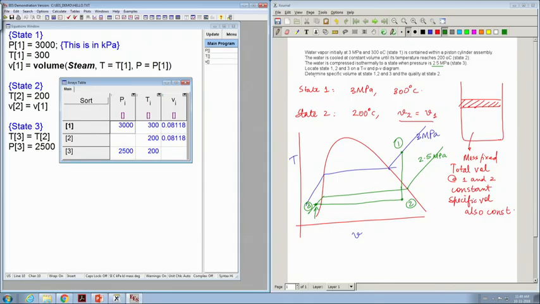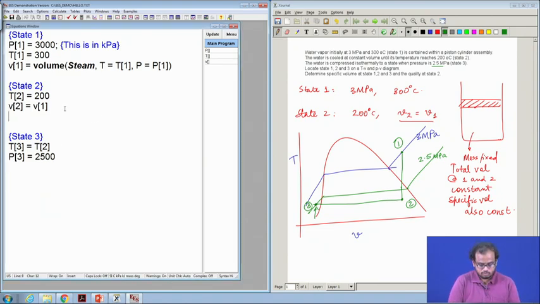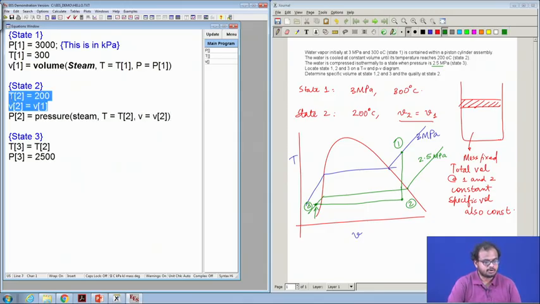In order to plot state points 1, 2 and 3 on the PV and the TV diagram, we need to know the volumes and the pressures at all the 3 points. So, let us evaluate the pressure at state 2. So, clearly in this case we have two independent quantities which are T and V, and thus in order to obtain the pressure we recall that we need two independent quantities which are temperature and volume in this case.